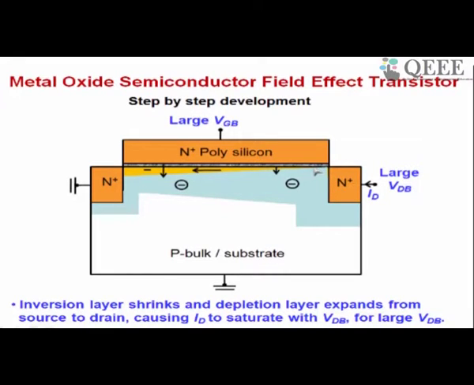So this is positive. You can easily show based on this that the electric field in the vertical direction is more near the source and less near the drain. Let us explain that here.